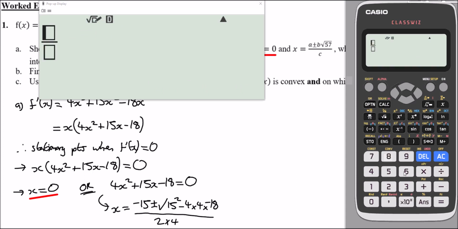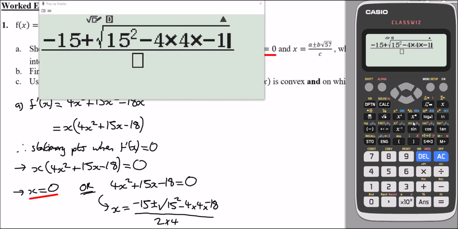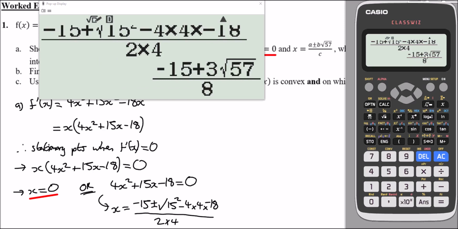So if we just do this, so minus 15 plus square root of 15 squared minus 4 multiplied by 4 multiplied by negative 18, all divided by 2 times 4. That gives us a value of minus 15 plus 3 root 57 over 8. So therefore the other one will be minus 15 minus 3 root 57 over 8.